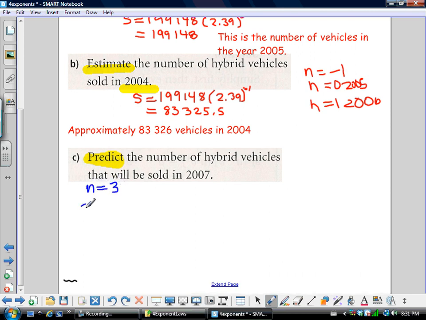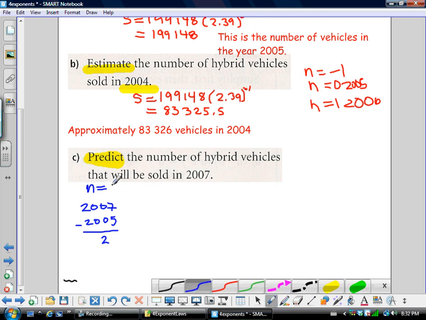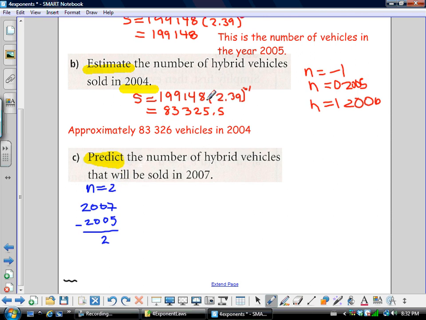So I have 2007 and the formula's made for 2005. Obviously, that would be 2 years. I don't know why I put 3 there. So it would be 2. I'm going to substitute that 2 into our equation and use our calculator to calculate our answer.